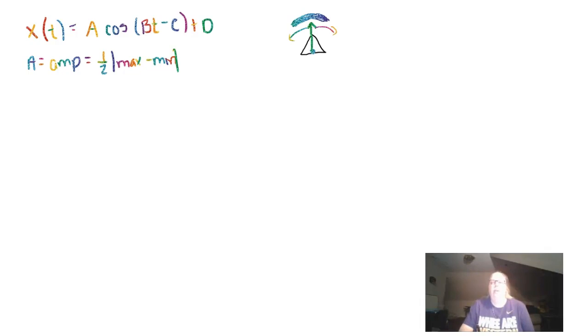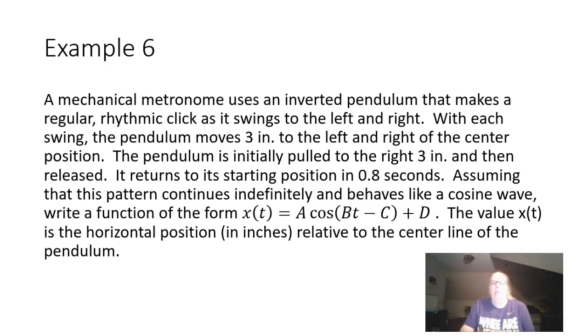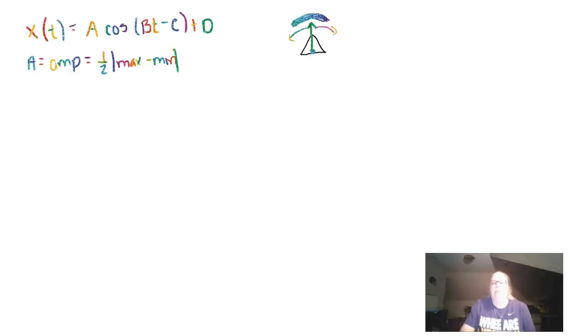So since we know that when we start this, the pendulum moves 3 inches to the left and to the right, for our picture that means over here we're going to move -3 to the left of center, and over here we'll be moving +3 to the right of center.